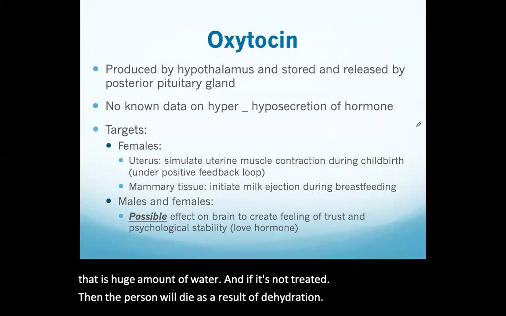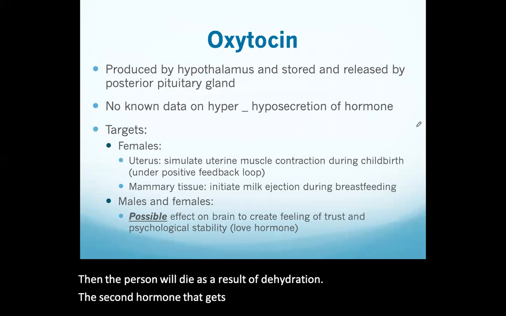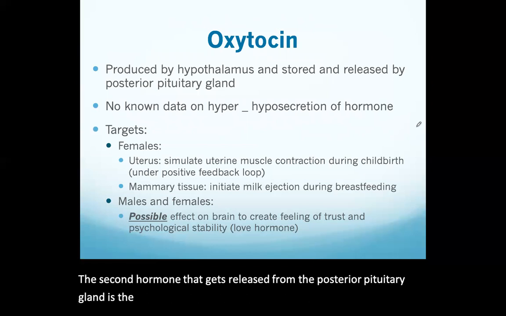Now, the second hormone that gets released from the posterior pituitary gland is the oxytocin hormone. Oxytocin is extremely important in females during childbirth.